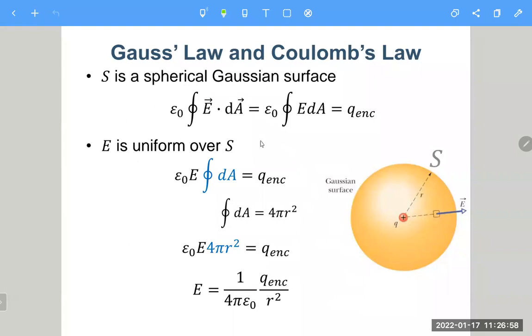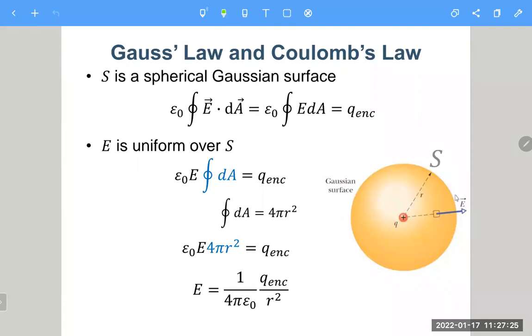and we can imagine this E dot dA for this Gaussian surface. Actually, we have a symmetrical property here because it is a sphere. All the distance from the center to the surface itself should be a constant, which is the radius of this sphere.